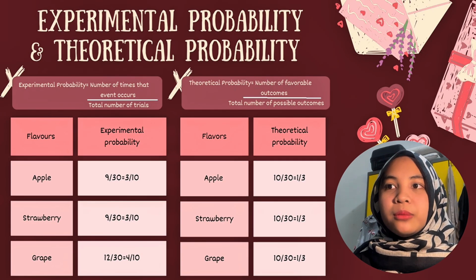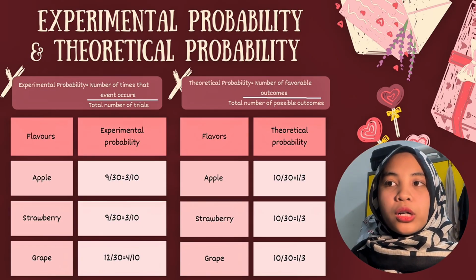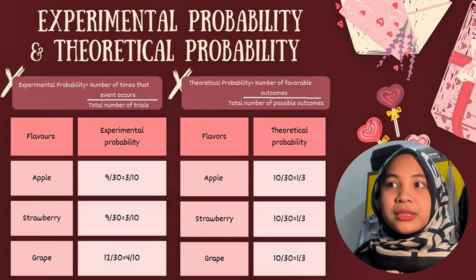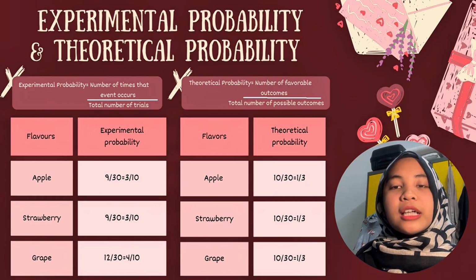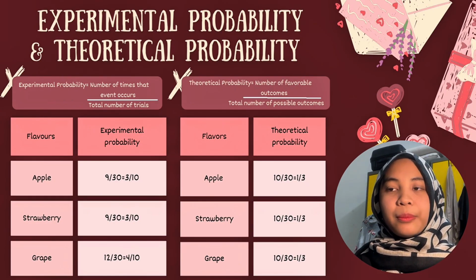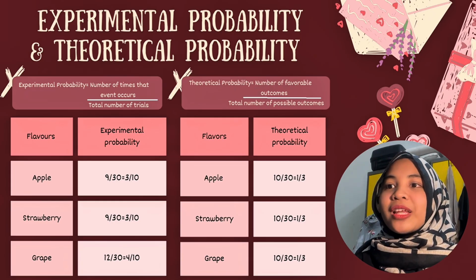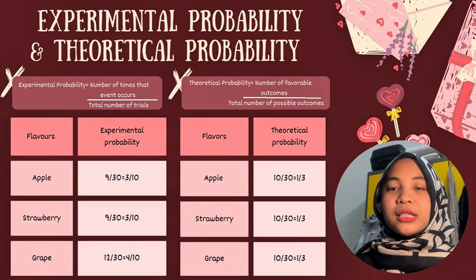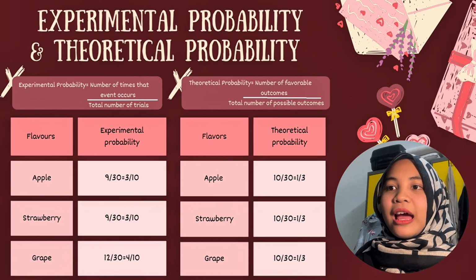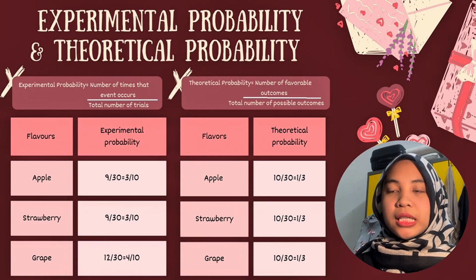So next, for experimental probability and theoretical probability. So first, experimental probability, we must find the number of times that the event occurs divided by the total number of trials. So experimental probability for apple is 9/30 equals 3/10. For strawberry, 9/30 equals 3/10, and grape 12/30 equals 4/10.